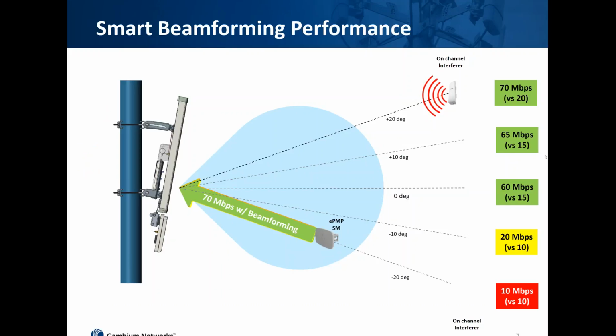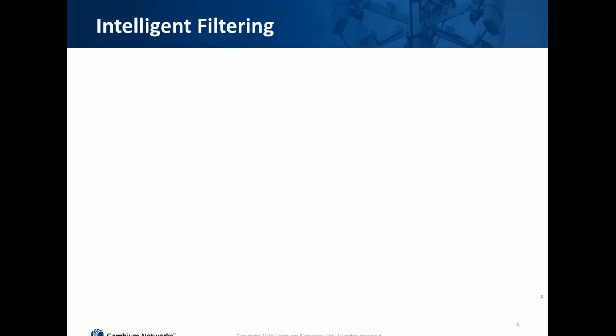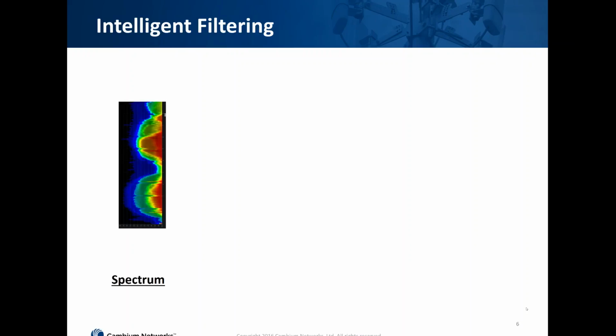Moving on, before I get on to more of the general video surveillance network considerations that I'm hoping to have some discussion on, one of the other features in ePMP 2000 that's beneficial for video surveillance is what we call intelligent filtering. I mentioned why a resilient wireless link is important to a video surveillance system.